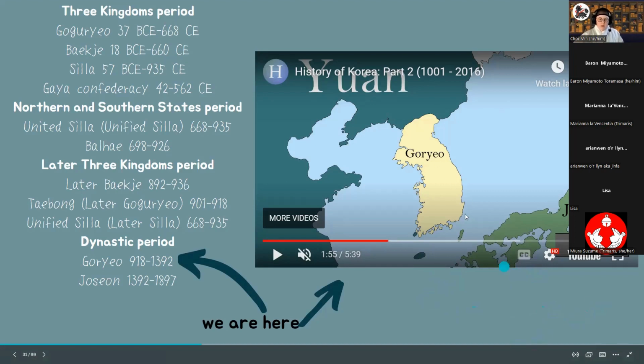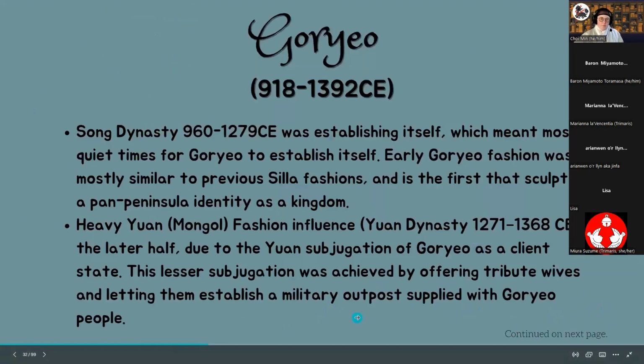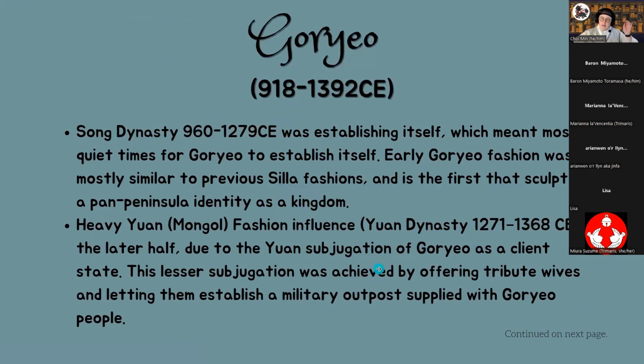And then, as you might know, they used Goryeo, the Korean Peninsula, as an outpost for their attempted invasion of Japan, which didn't work out. But basically, the Goryeo dynasty can be split into two halves. The Song dynasty was in decline, collapsing, so they just minded their own business.